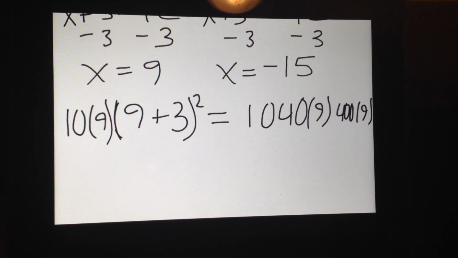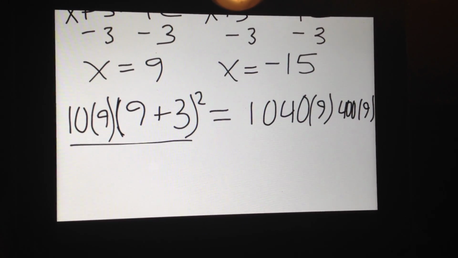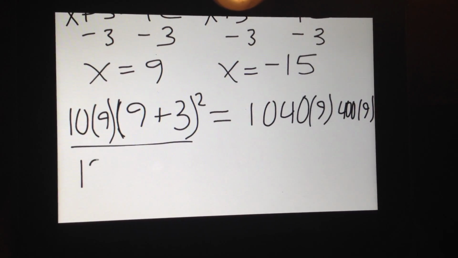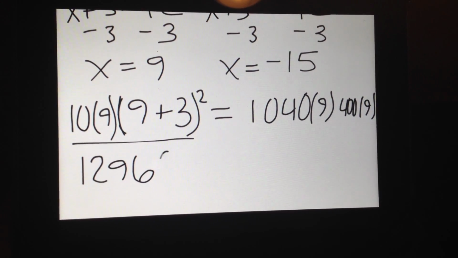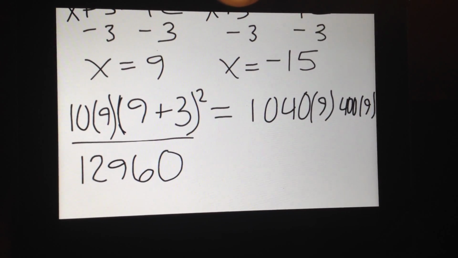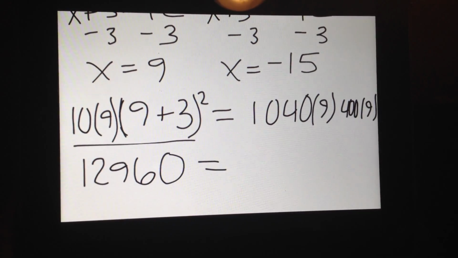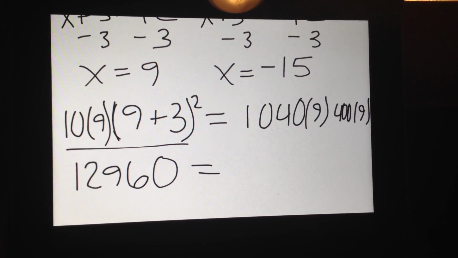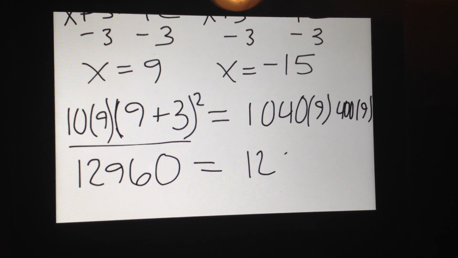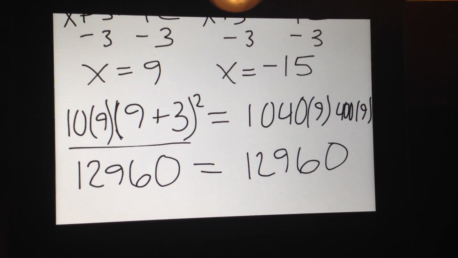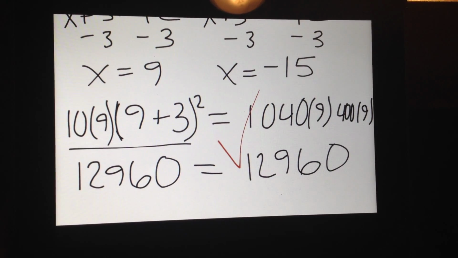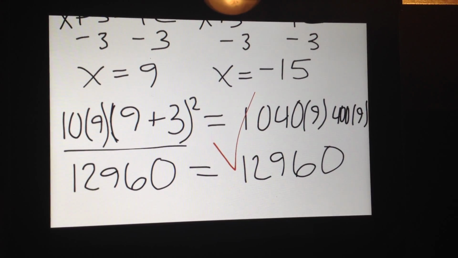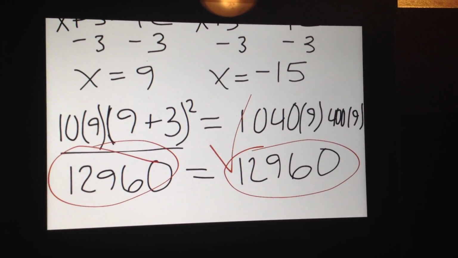So once I calculate out this side, I end up getting 12,960. Now when I calculate this side by putting 9 in for x every time, I end up getting the same thing. So this one checks out. I know that this is not an extraneous solution, because if it was, these two values would not be the same.